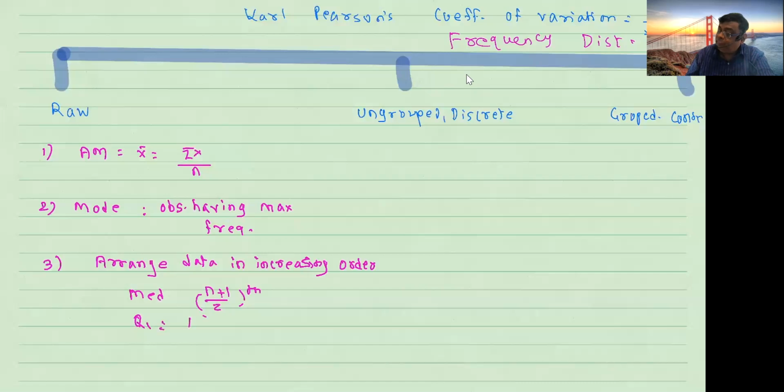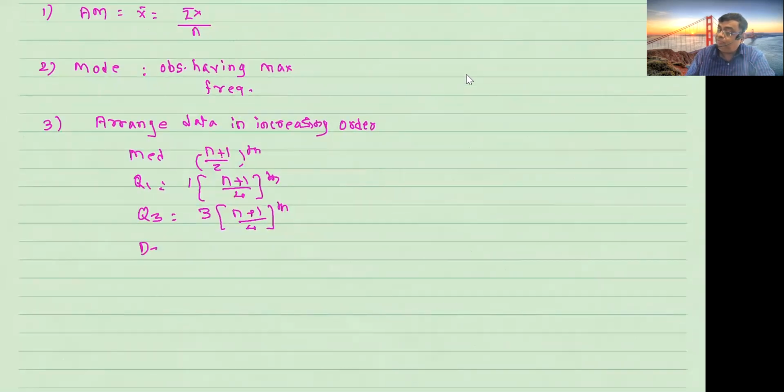Q1 is 1 into n plus 1 by fourth observation. Q3 is 3 into n plus 1 by fourth observation. Similarly, D3 is 3 into n plus 1 by 10th observation, etc.